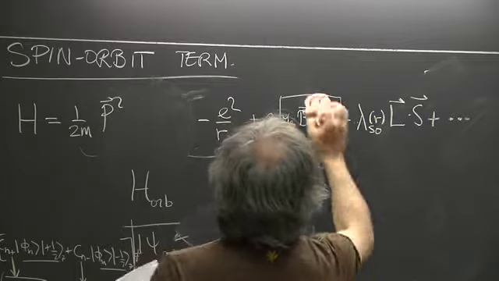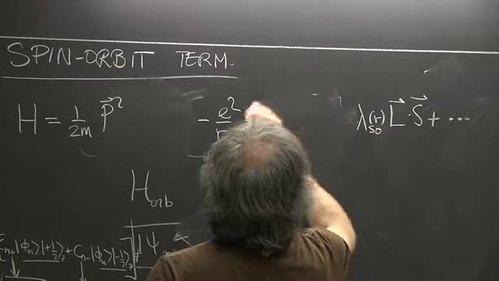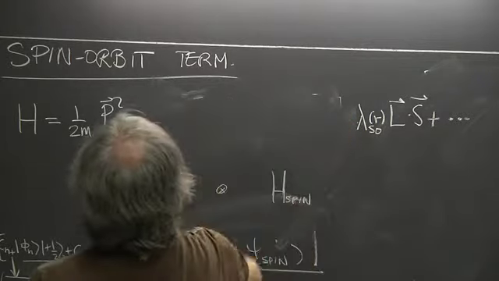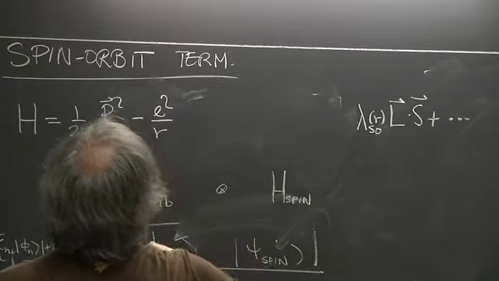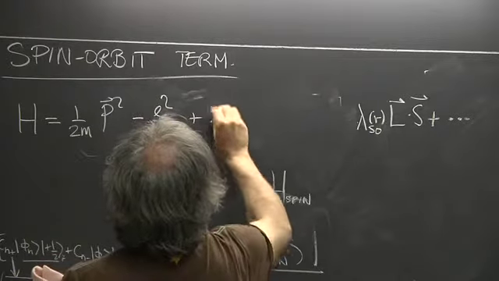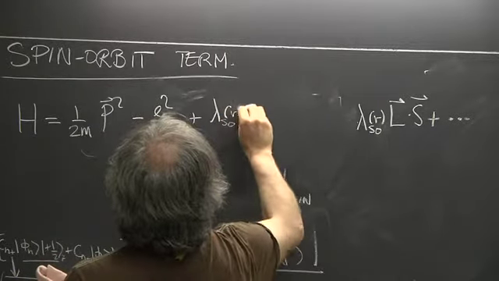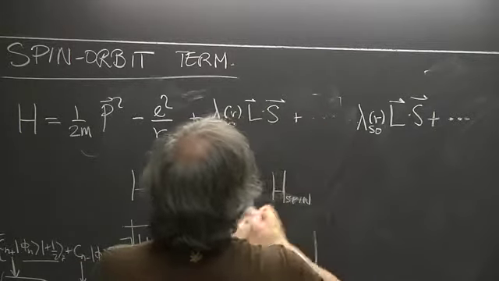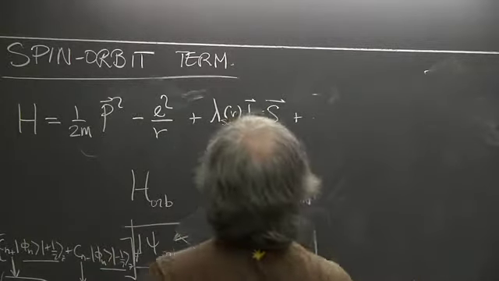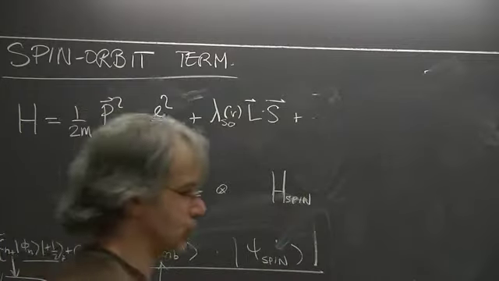I have no magnetic field, so this is not there. So the Hamiltonian is simple enough. It's our beloved hydrogen atom object plus this one, L dot S, plus other terms that for the time being I don't care about. Let's look just at this.